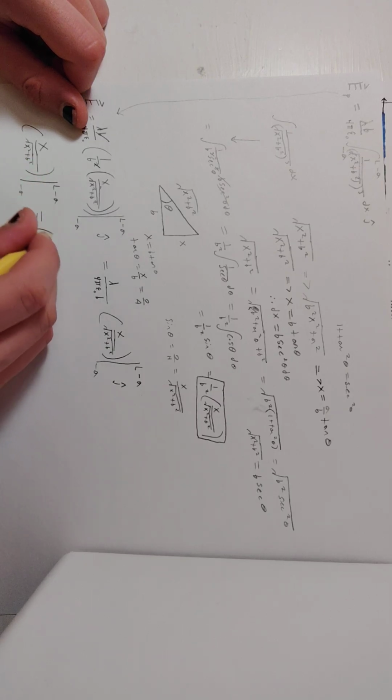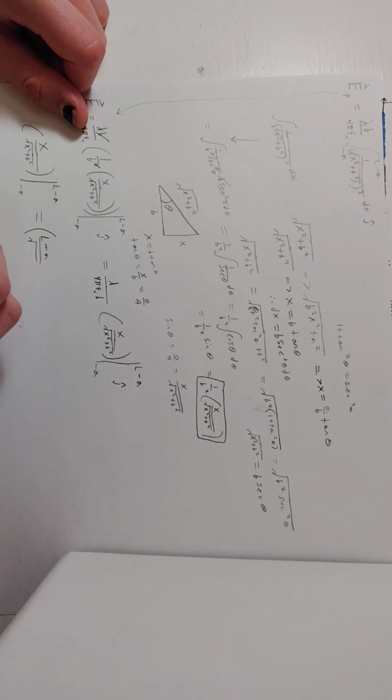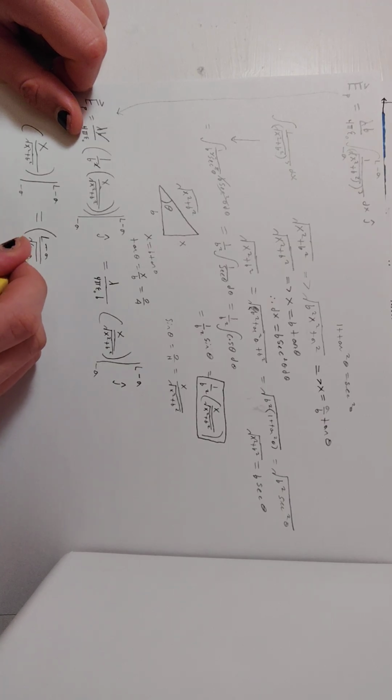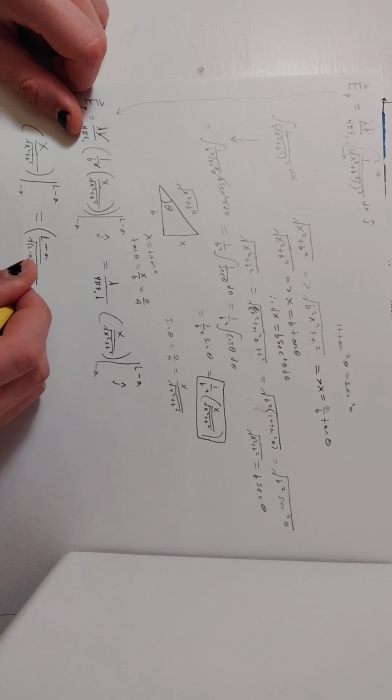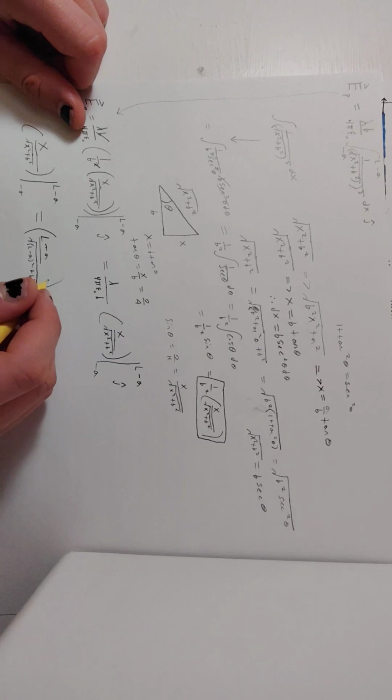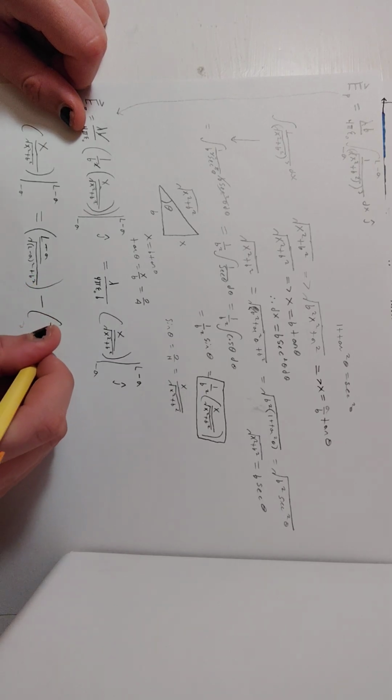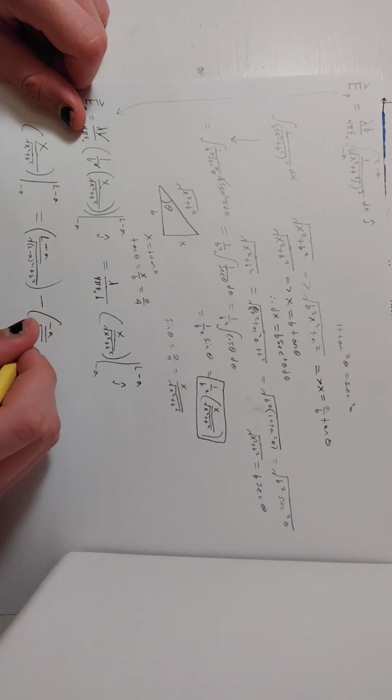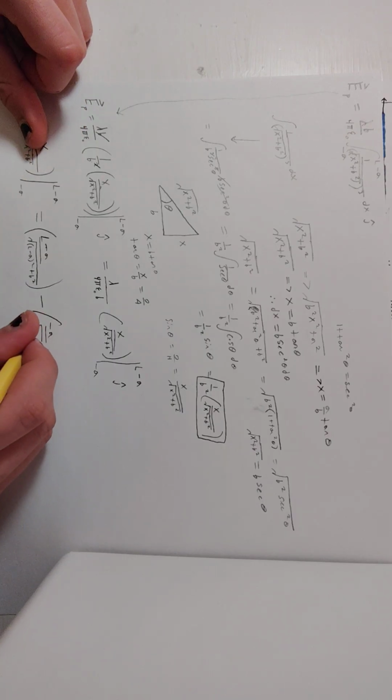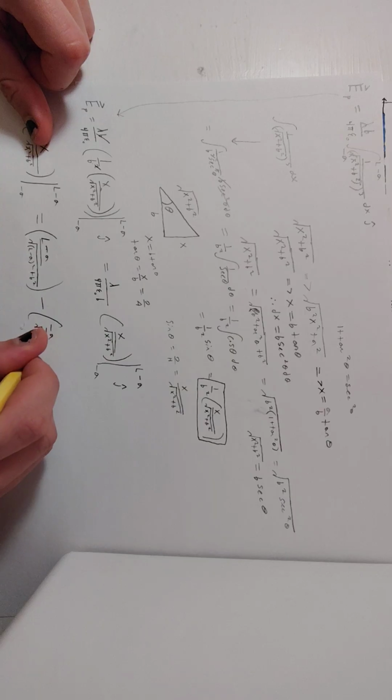So this really ends up equaling L minus a over square root of L minus a squared plus b squared, minus negative a over square root of, let's see, negative a squared becomes positive a squared plus b squared.